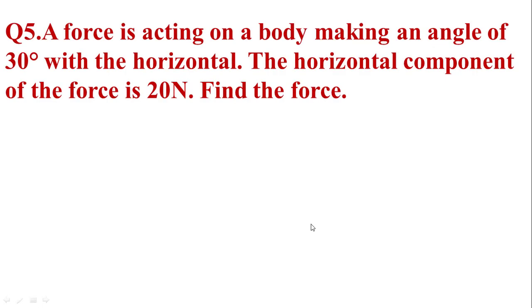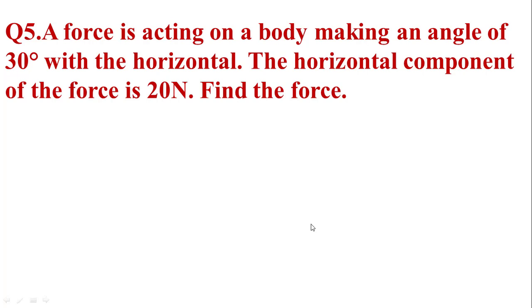In the last question, question number 5, a force is acting on a body making an angle of 30 degree with the horizontal axis and the horizontal component of force is 20 Newton. Find the force. First of all, understand the statement again and we can find the force.